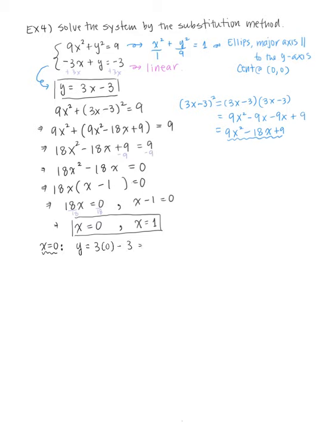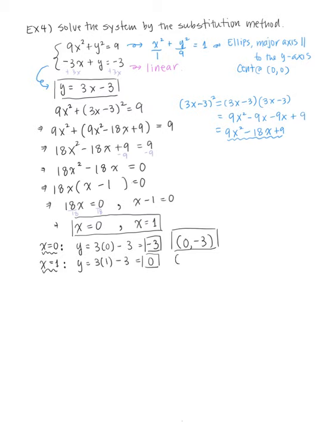So it looks like our y value is going to be negative 3 when x is 0. So our proposed solution right now is 0, negative 3. That's one of them. Now let's check the corresponding y value when x is 1. Do the same thing. We're going to have y equals 3 times 1 and then minus 3, so that will be 0.